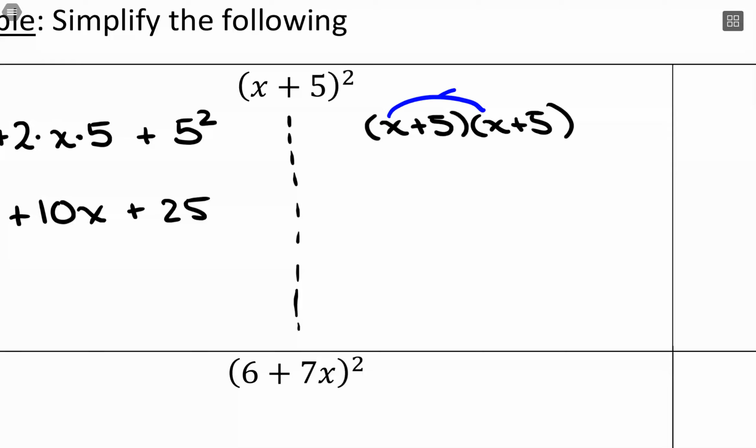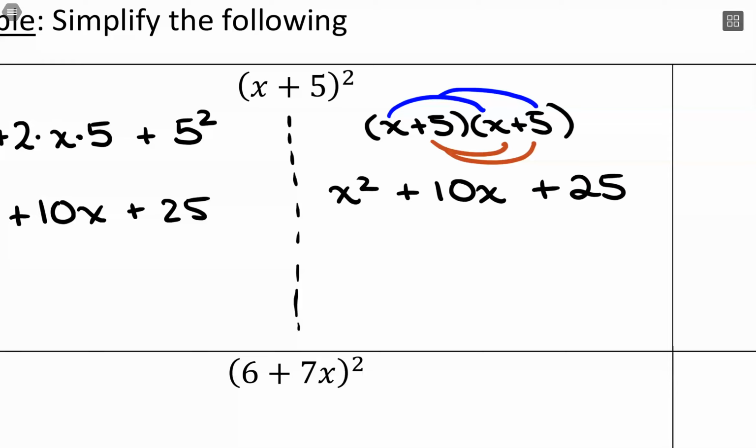We need to multiply first, outer, inner, last, so that we get x squared plus 5x plus 5x plus 5 times 5. And you get to the same answer. So if you can't memorize the formula, this is the backup.